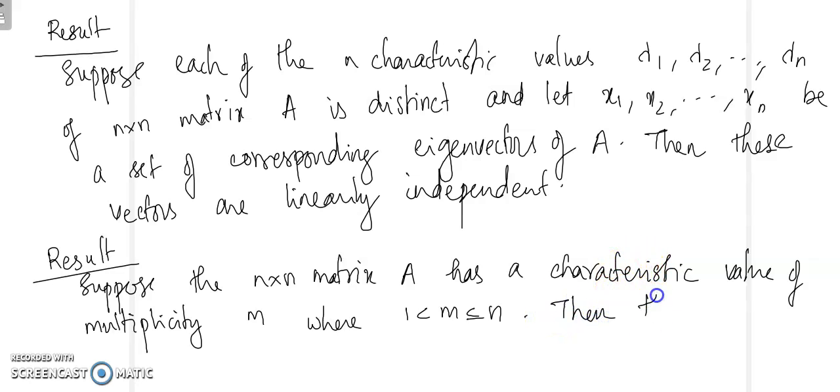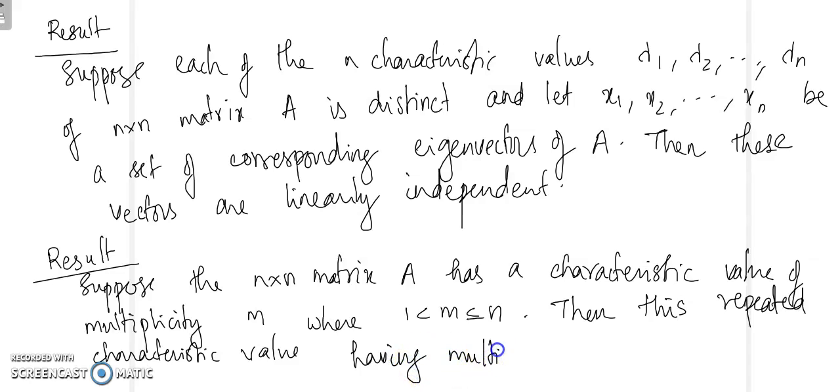And then this repeated characteristic value having multiplicity m has p linearly independent eigenvectors corresponding to it, where you have 1 less than or equal to p less than or equal to m.